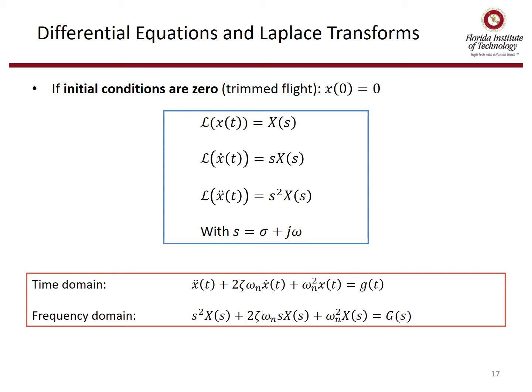In this case, it's s squared X plus 2 zeta omega n s times X plus omega n squared X equals G. When you go from time domain, functions have lowercase letters like x and g. When you go to Laplace, those letters become capital.